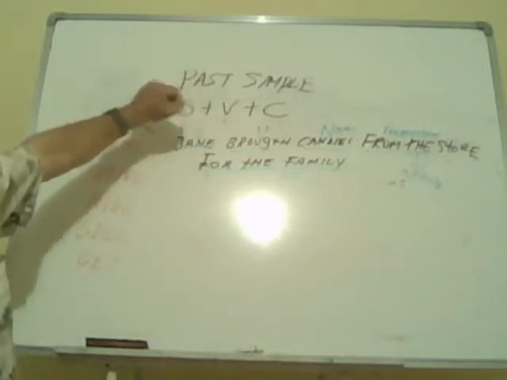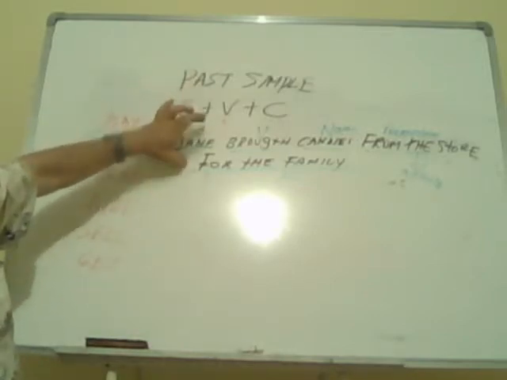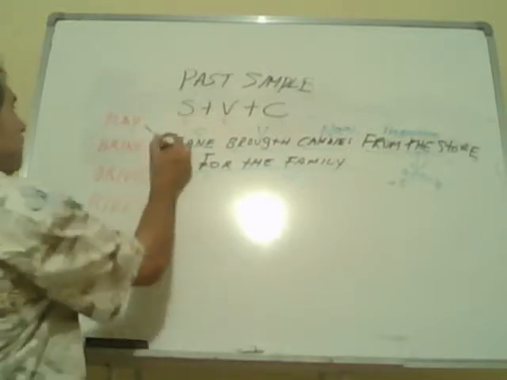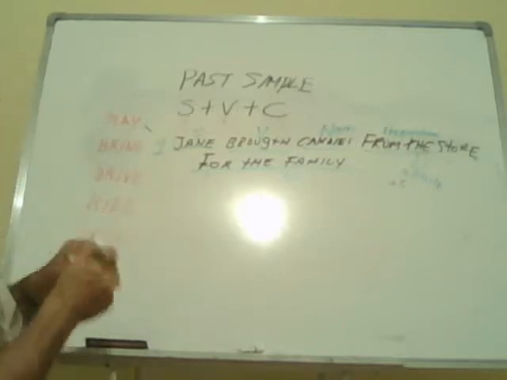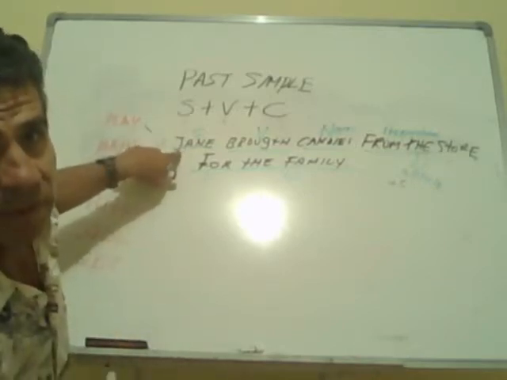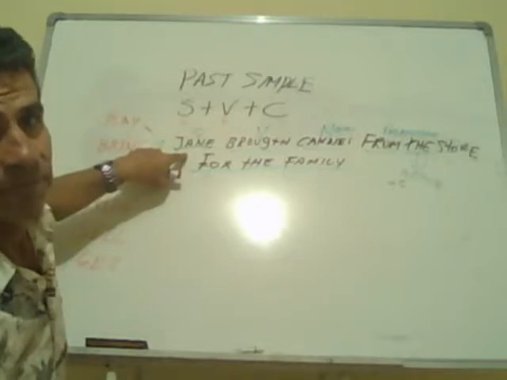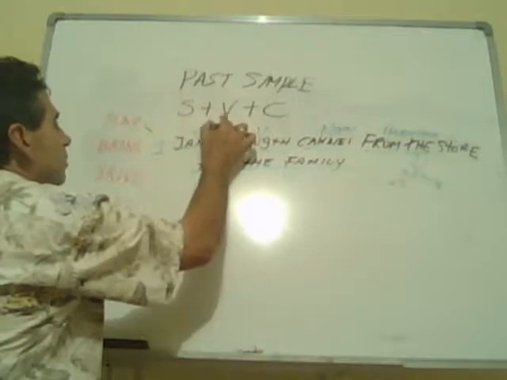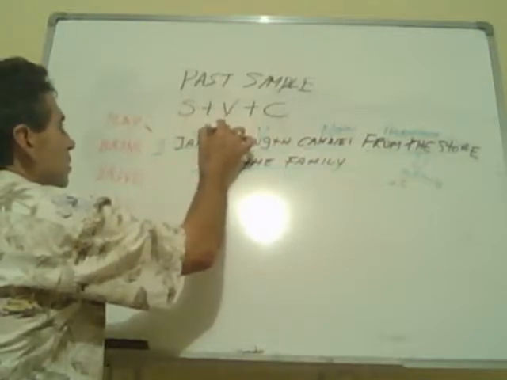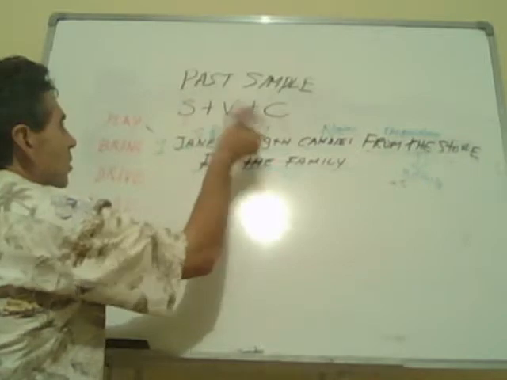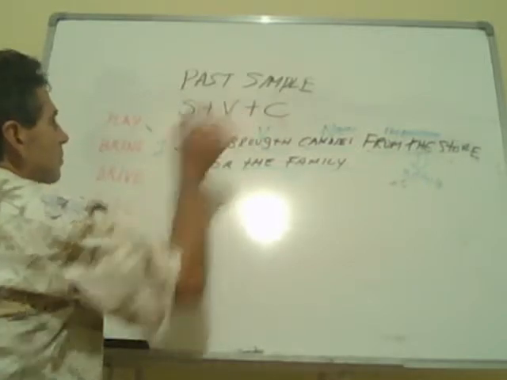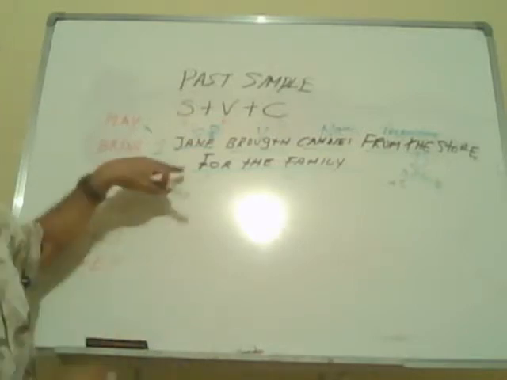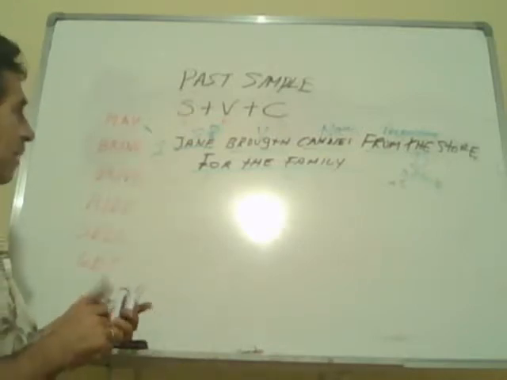Now, in order for me to know what Jane does, I have to ask questions. Yeah? Base number 1 is over here. I have to get information from her. Jane is a female's name. Jane is a girl. Jane brought candies from the store for the family. If I want to change this to a question, it would end up like this.